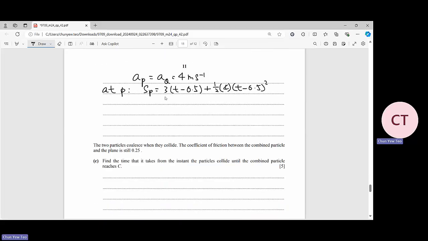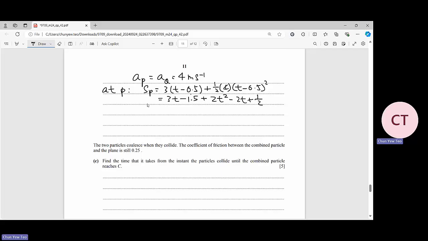Therefore, we have 3t minus 1.5, plus 2t squared minus 2t plus 1/4 plus a half.